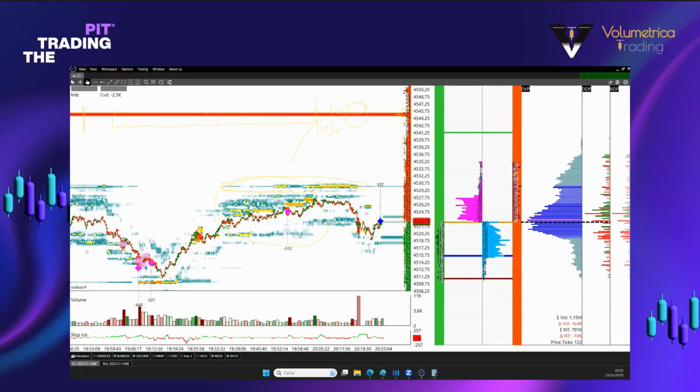So, that said, liquidity pools acting as attraction liquidity should never be traded looking for a bounce if they haven't been traded before.